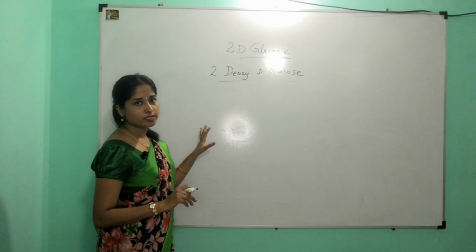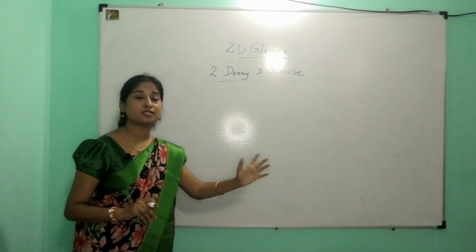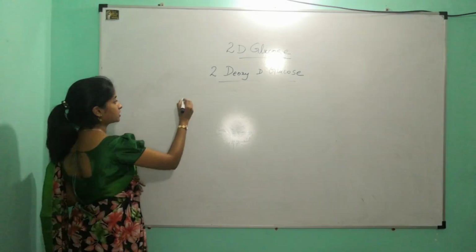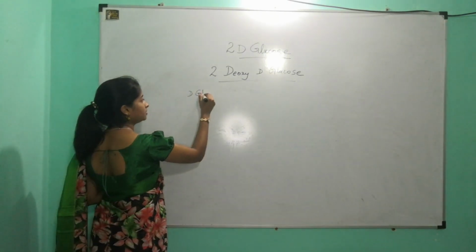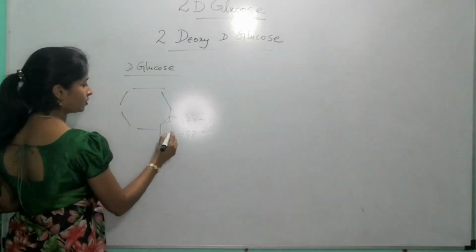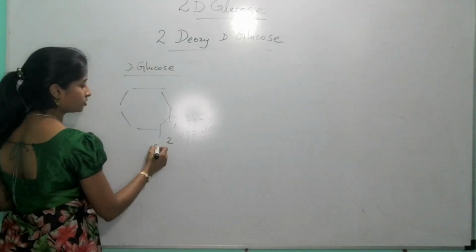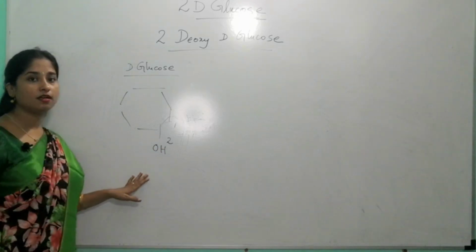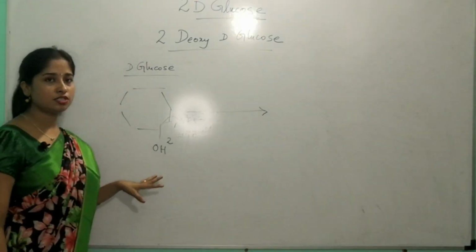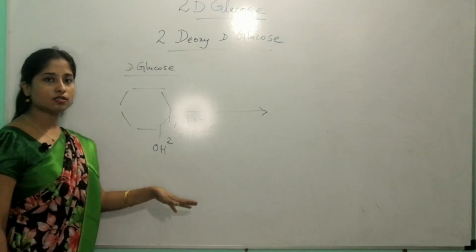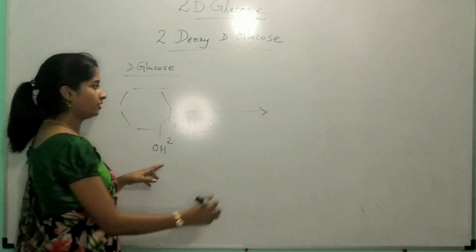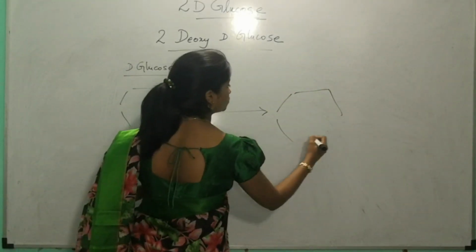So now we are going to see how this 2D glucose has been manufactured. So how far it's different from normal glucose. If you see a normal glucose in its first position, second position, it has a hydroxyl component. But in the manufacturing of 2D glucose, it has been deoxygenated, that is, the oxygen has been removed from the second position, and hence it is called 2D glucose.